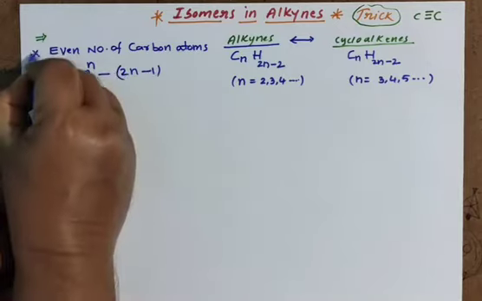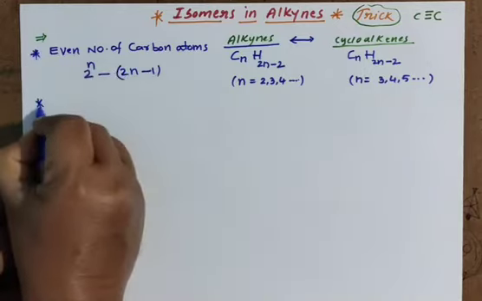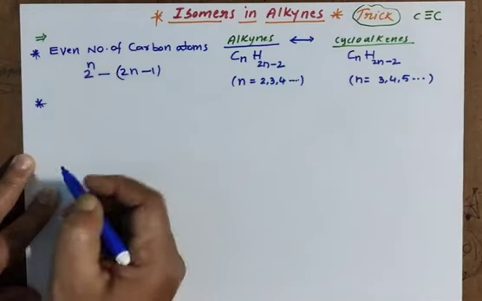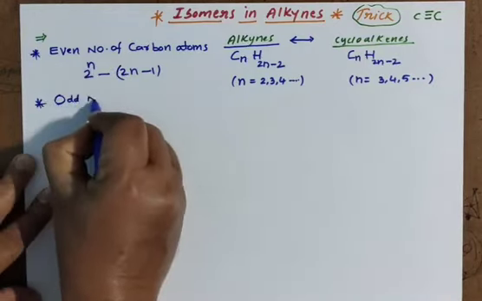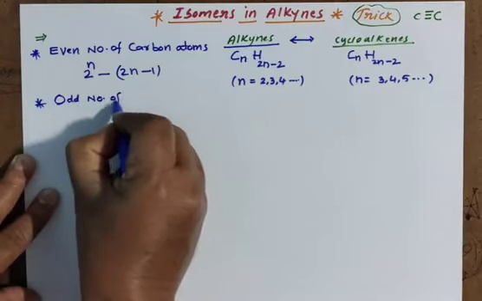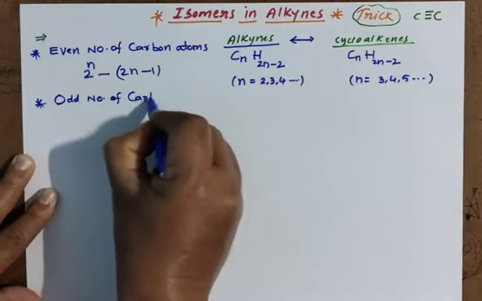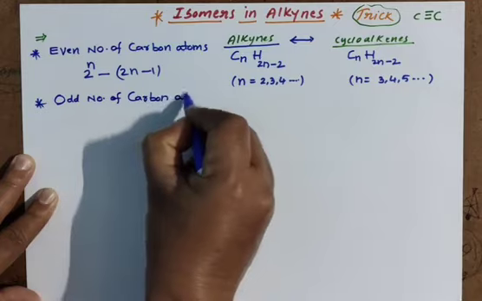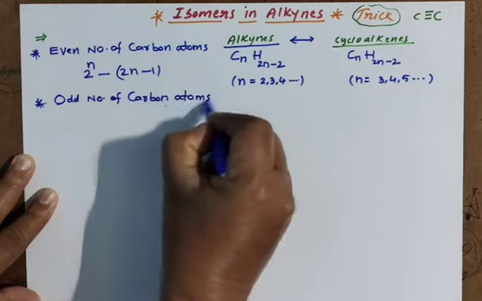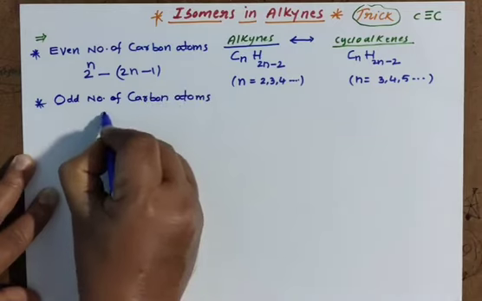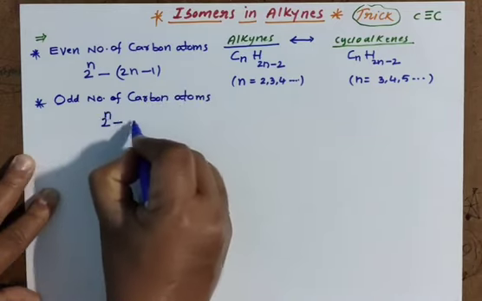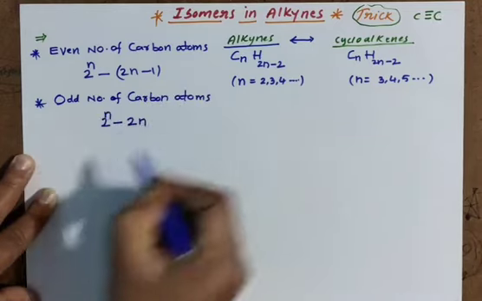If the given alkyne or cycloalkene has an odd number of carbon atoms, then the formula is 2 power n minus 2n.